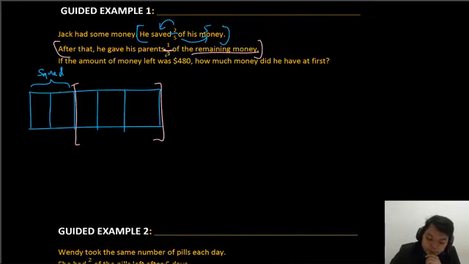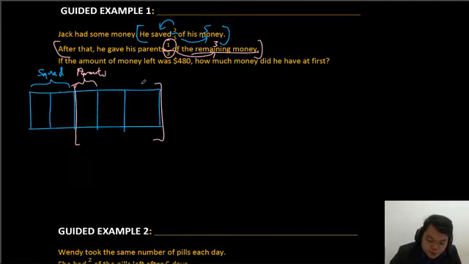Correct? So for his remainder, you can see that he gave his parents 1/3 of the remaining money, which means to say that you want to split this into 3 equal portions. But it is already divisible by 3 because there's exactly 3 portions over here. So one of these bars will be given to the parents.